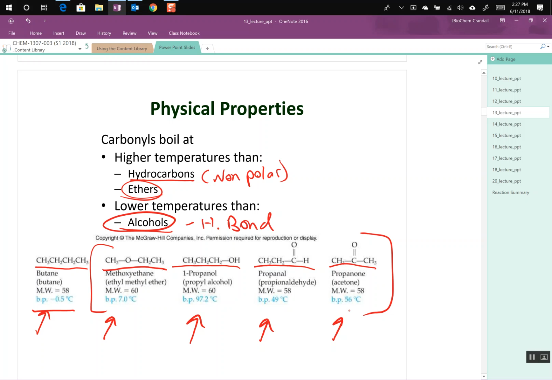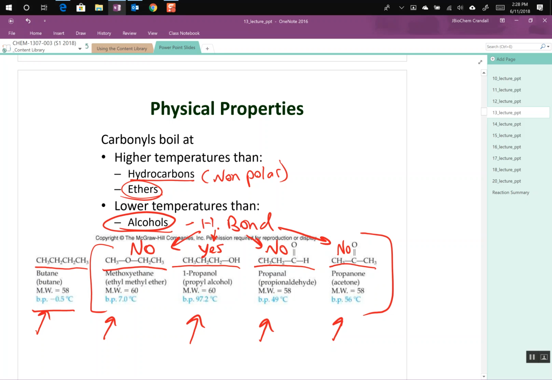But then the further question is, does it hydrogen bond? No. No. No. Yes. Of those 4, the only one that hydrogen bonds is the alcohol. The others do not.